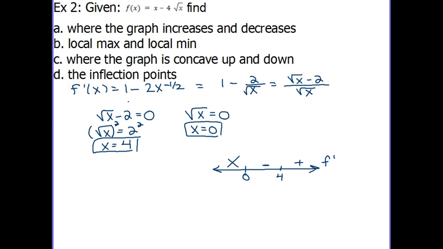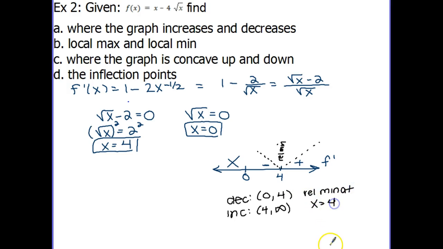positive. So what that means is this original graph is decreasing, then increasing. So a function that goes from decreasing to increasing has a relative minimum. So that means this graph is decreasing from 0 to 4, increasing from 4 to infinity, and has a relative min at x equals 4.